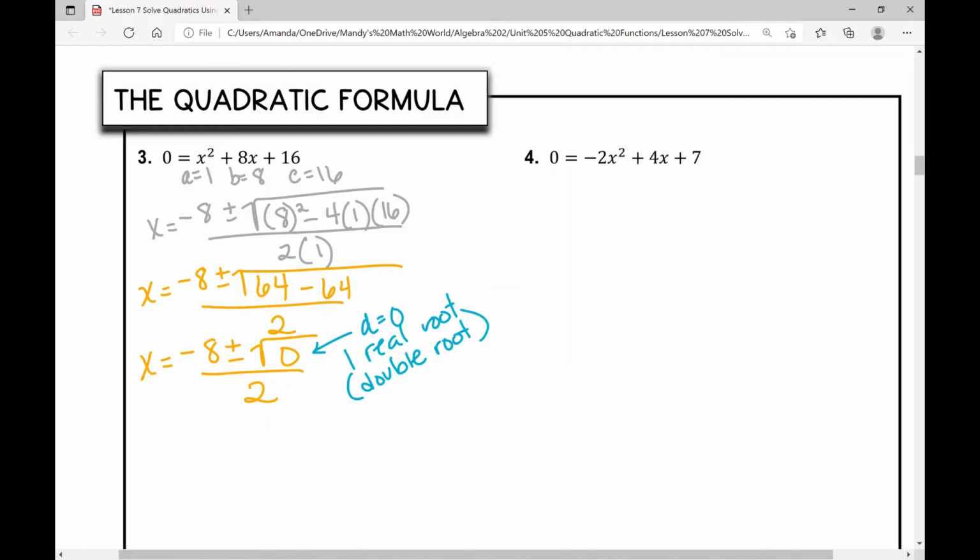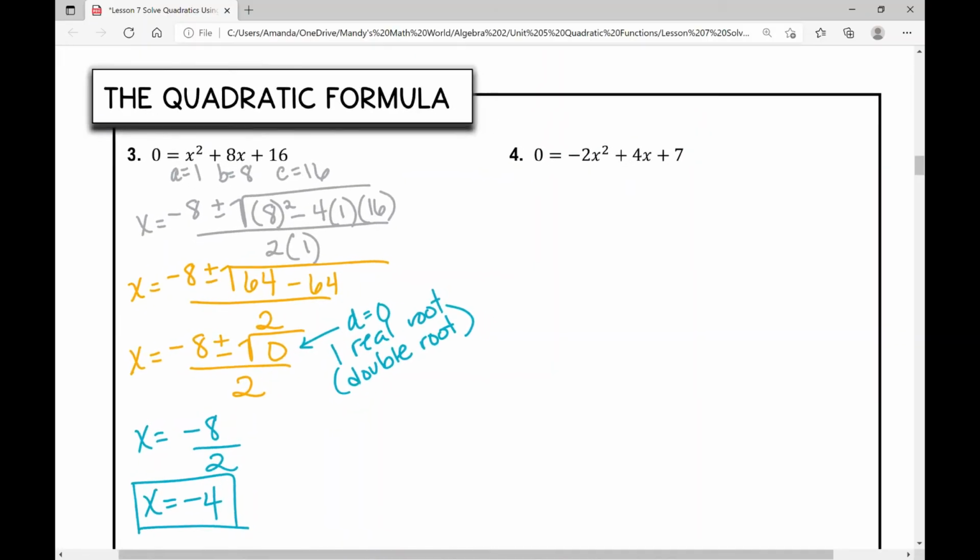So if I have negative 8 plus or minus 0 over 2, then x equals negative 8 over 2, which is negative 4. And that's the solution. It's going to hit that x-axis, it's not going to cross it. It's going to hit that x-axis and bounce off at x equals negative 4.